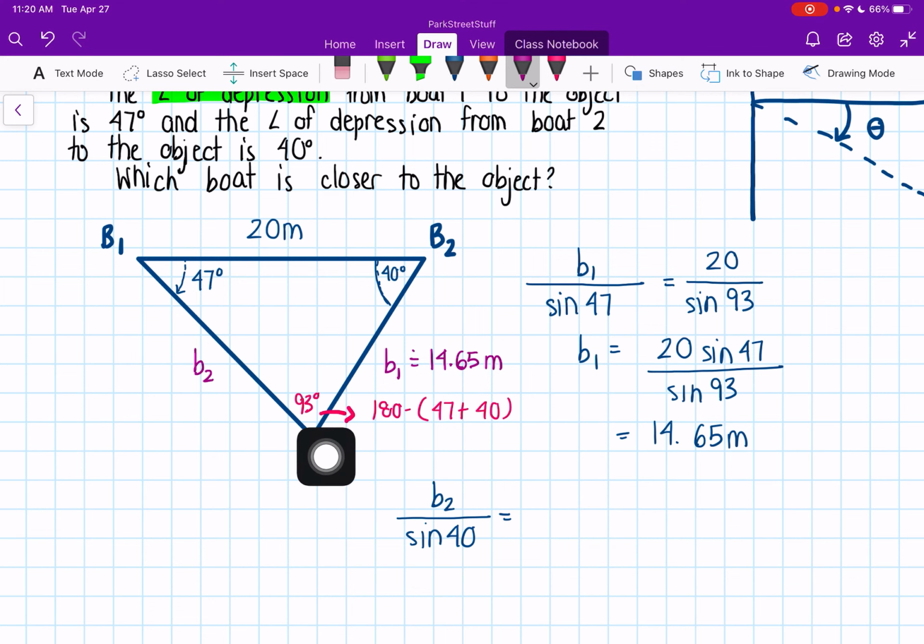In this question, I have the option to use a given value. So whenever you can use what was given over what you've calculated, always go with what was given. So we're going to say 20 again, all over sine of 93.